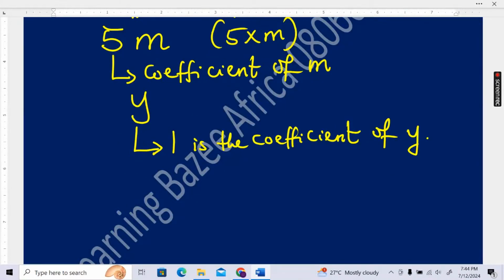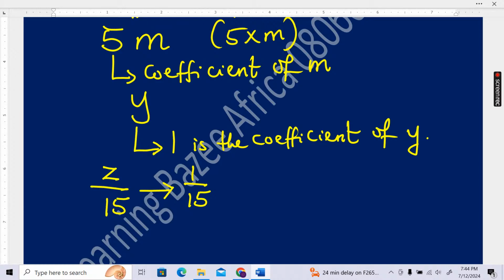Now, let's look at the coefficient of z over 15. In z over 15, the coefficient of z is 1 over 15. Don't forget I said when a letter is standing on its own, the coefficient of that letter is 1.